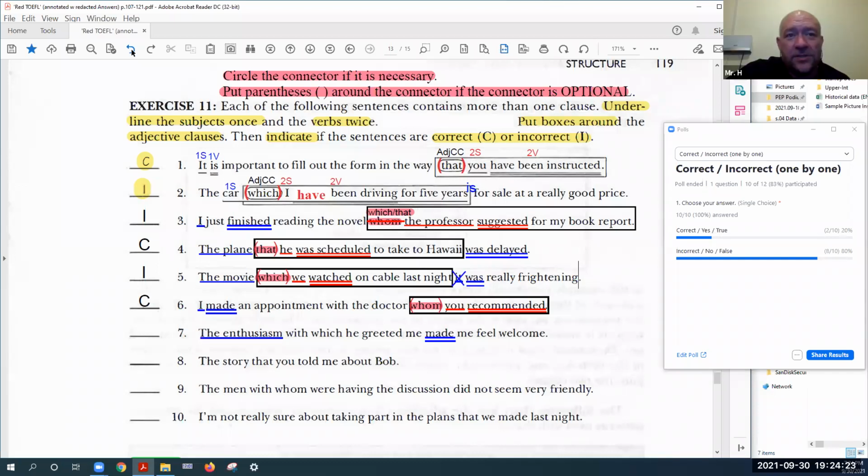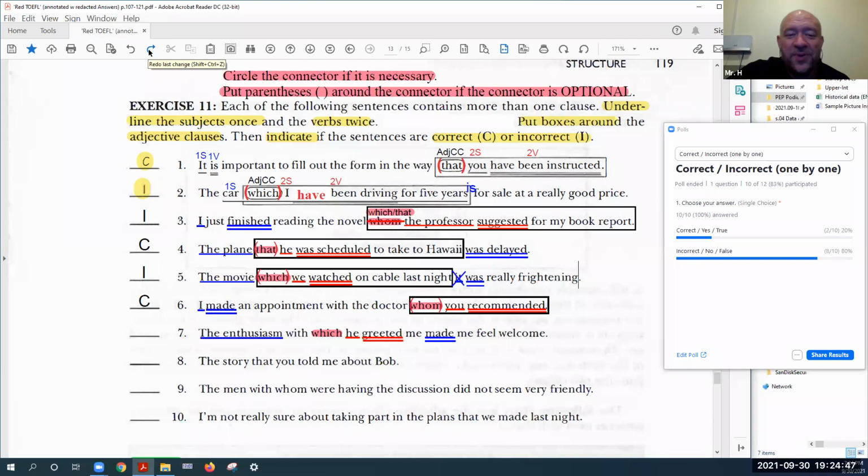All right. What else? Second subject, he. All right. And what else? Second verb, created. Good. Okay. Can I put a box around here somewhere? Where do I put the box? From the connector to me.